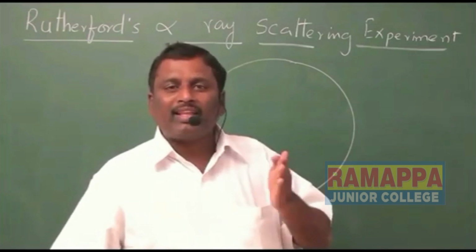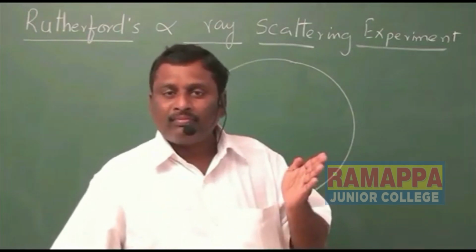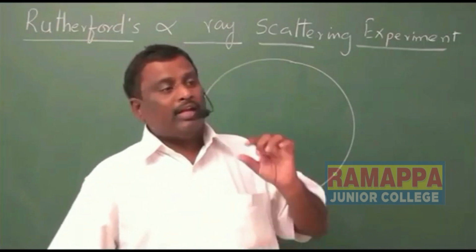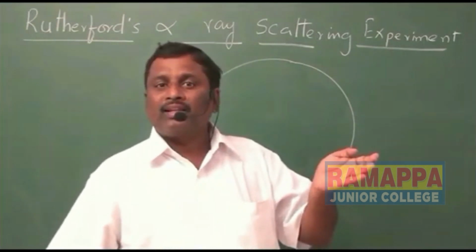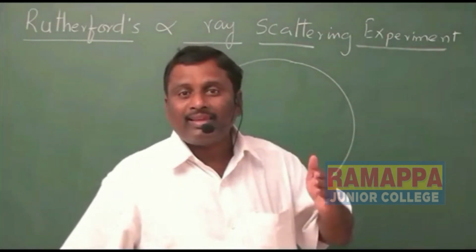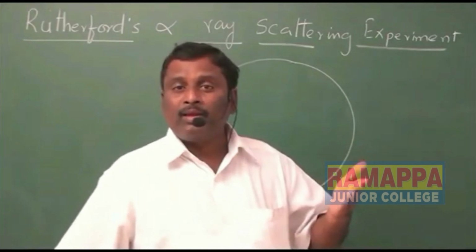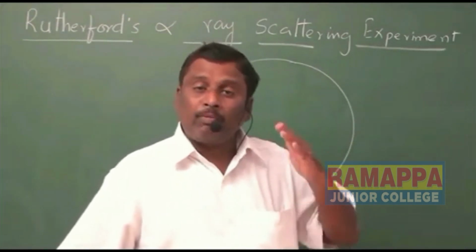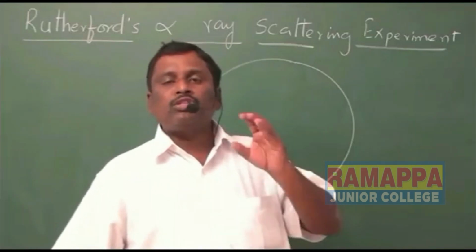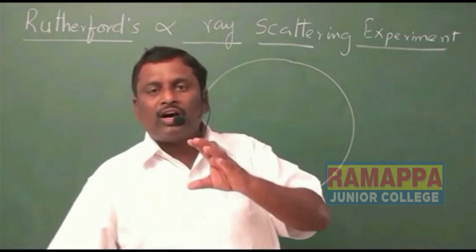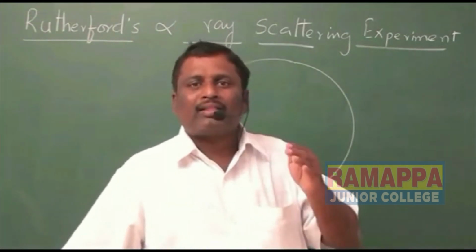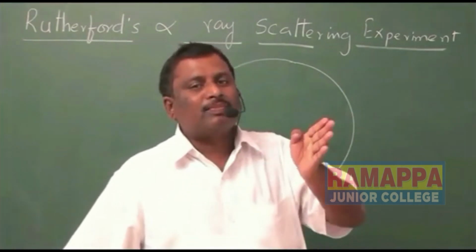Only then can an alpha particle be repelled. Suppose only one proton is present in isolation, it cannot repel an alpha particle; rather, the alpha particle will repel the proton. But here the proton is not repelling, the alpha particle is repelling. An alpha particle can be repelled only when a particle with more charge and more mass comes into its path, then only it changes its path.